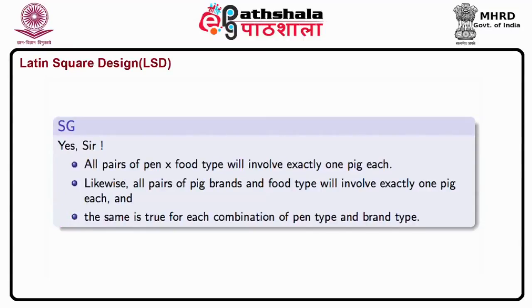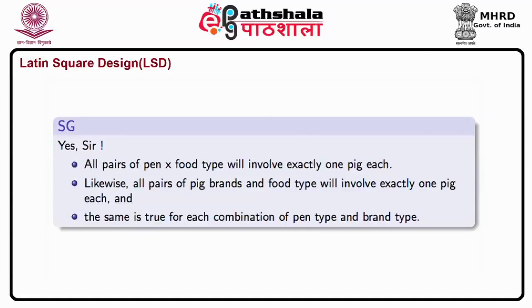So let's go back and try to see again. You are saying the rows represent the pens, the columns represent the food types. So there are 6 different pens, 6 different food types, and the 36 pigs are put here, and A, B, C, D, etc. represent the different treatments that you are trying to compare. That is how you get a Latin square, where all cross types come exactly once.